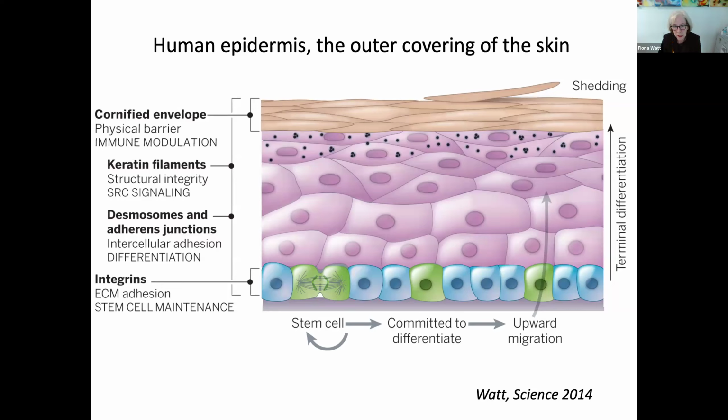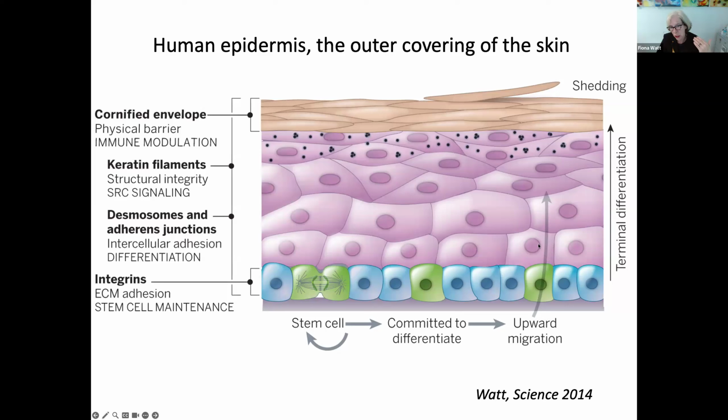It's made up of multiple layers of epithelial cells called keratinocytes. The proliferation takes place in the basal layer of cells attached to an underlying basement membrane. This is the compartment where the stem cells reside. And when cells stop dividing, they become committed to differentiate. And then they go through a journey in time and space as they move through the upper layers, changing in gene expression and morphology to the outermost layer of the skin.